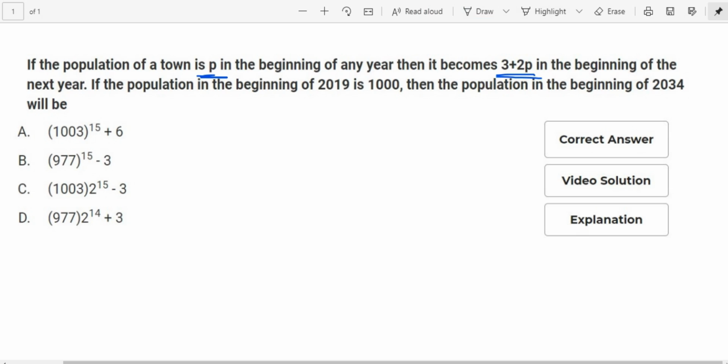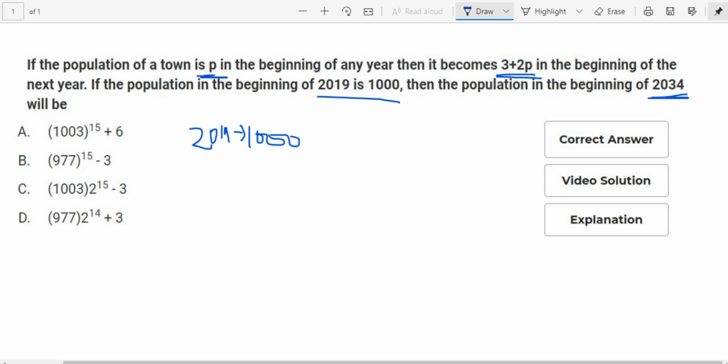Now read the next part of this question. It is given that if the population in the beginning of 2019 is 1000, then what will the population in the beginning of 2034 be? We have to calculate the population of 2034, isn't it? And here it is given that the 2019 population is 1000.